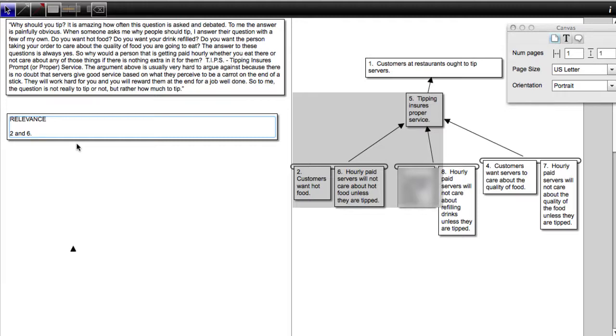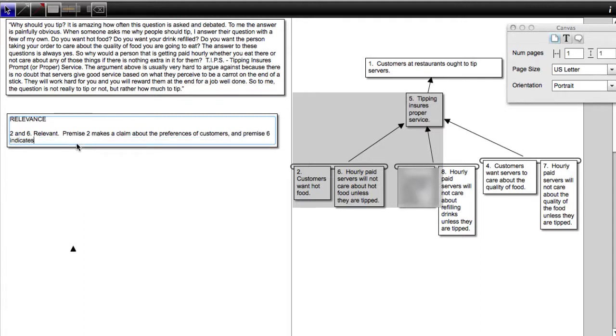And here I would say yes. Premise 2 makes a claim about the preferences of customers, and premise 6 claims that servers will only care about that preference if tipping is a possibility. That's what each of those premises does.